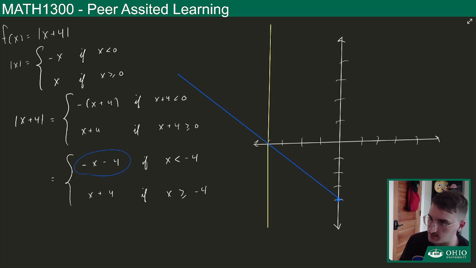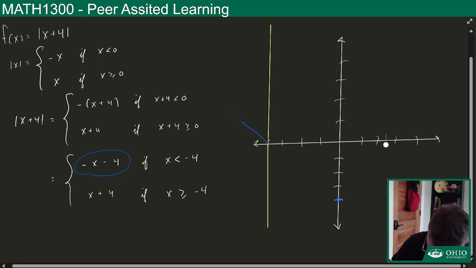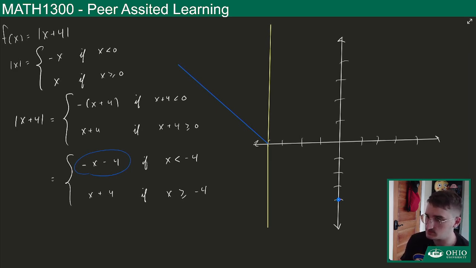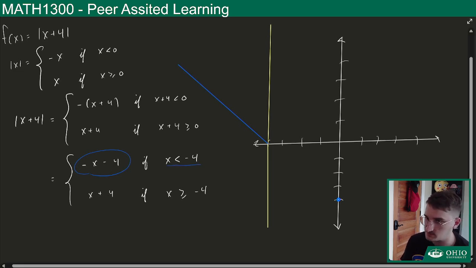So this side of the line right here is actually not going to show up in our final picture. And so I'm going to erase it. Now my computer will erase the whole thing at once. I'm going to redraw the rest of the line here. So you want to make sure you're erasing the correct portions, because this blue part of the line can only exist, again, when x is less than negative 4.